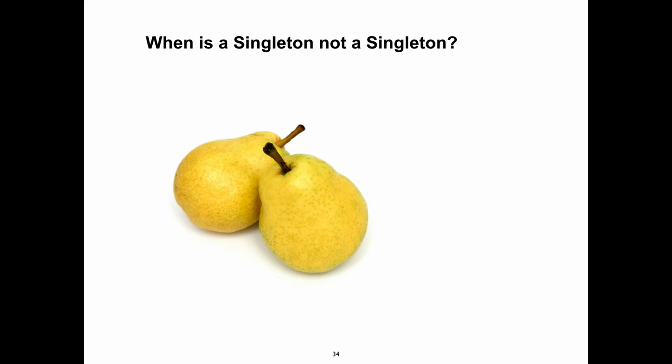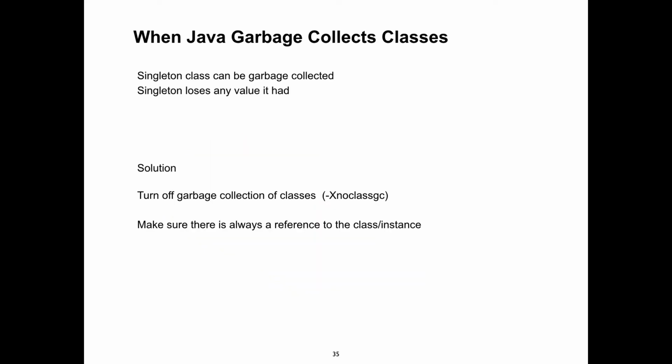And now we get to the point where in Java the Singleton doesn't work. Java has garbage collection, right? So objects get garbage collected and then memory is reclaimed. Classes can also be garbage collected.